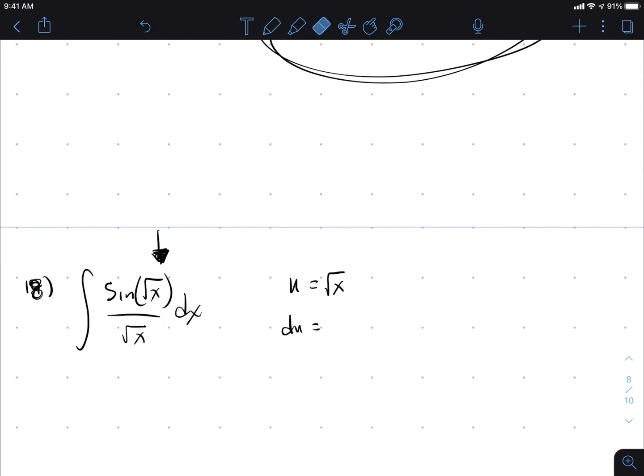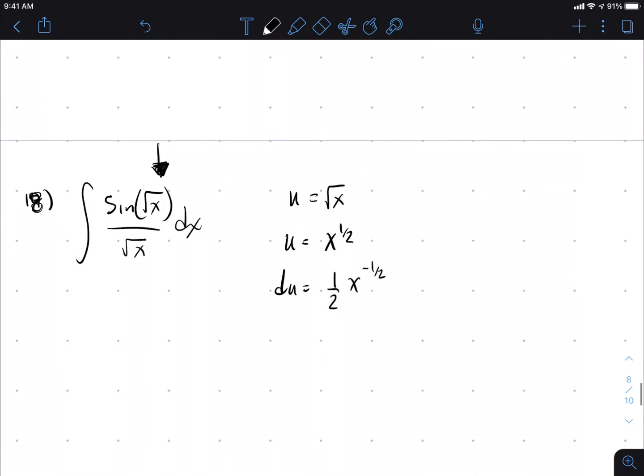Let me write it this way. Maybe this will help you guys. Because now we're taking a derivative, right? So when we take the derivative, what's the derivative power rule tell us to do? Multiply the 1/2 in front and then subtract, 1/2 minus 1. Very nice. So I'm going to get 1/2 x to the negative 1/2, correct? And then let's not forget dx.